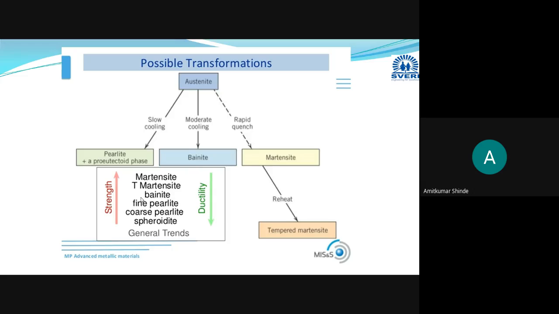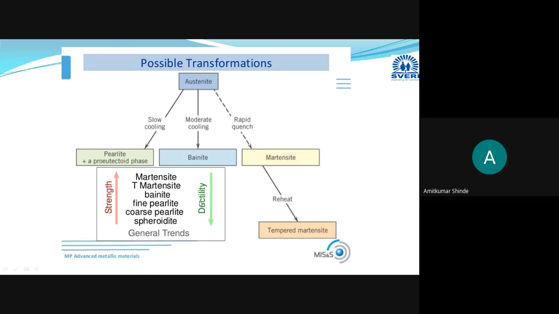As we saw previously, if you want to improve toughness or ductility, then in annealing and normalizing, which we learned in the previous lecture, the final product obtained is pearlite. We transformed austenite into pearlite to get more ductility.